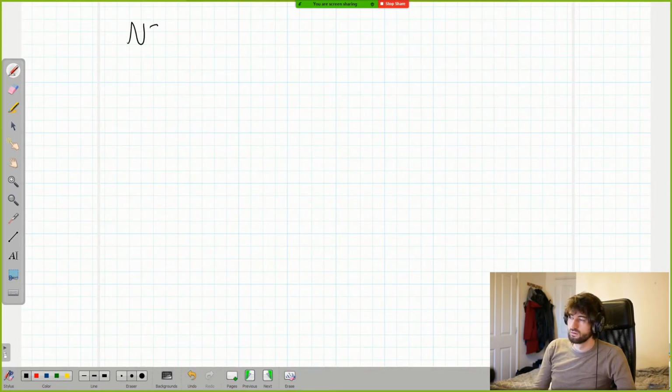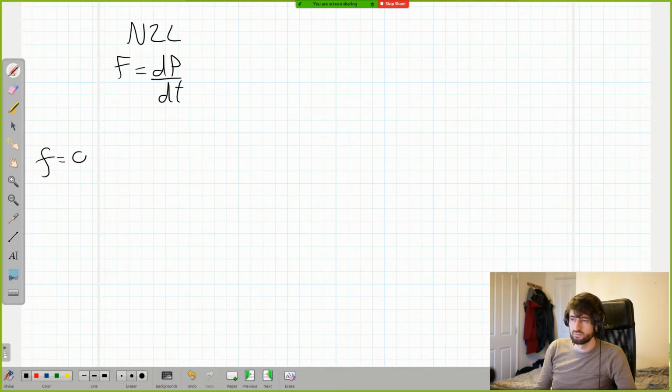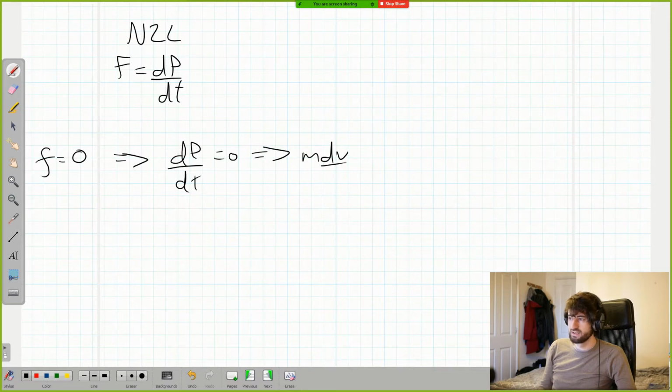So remember Newton's second law: we saw that F is dp by dt. Well, if the force is 0, that means dp by dt is 0. That means m dv by dt is 0, and that means there's no change in velocity.